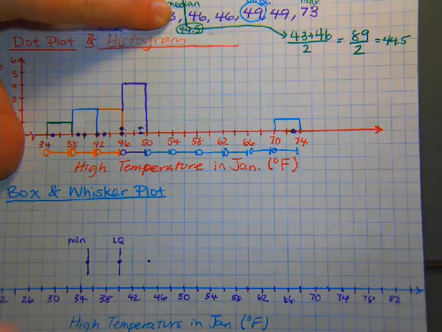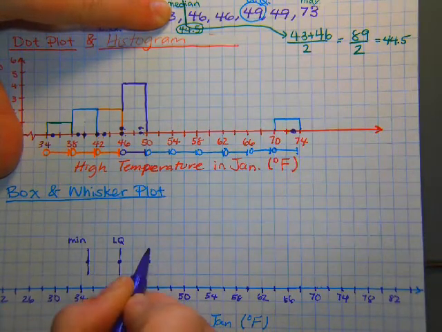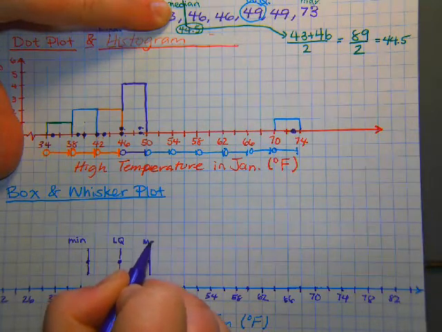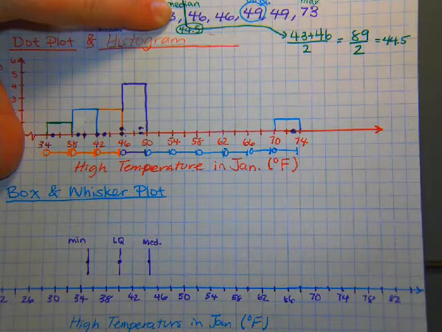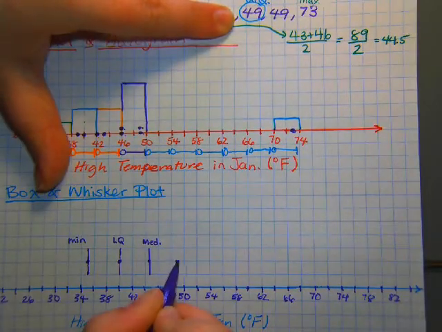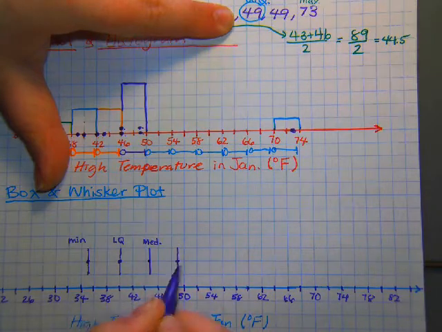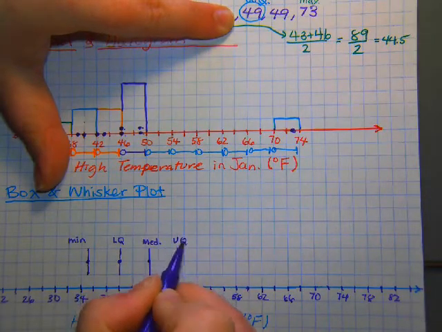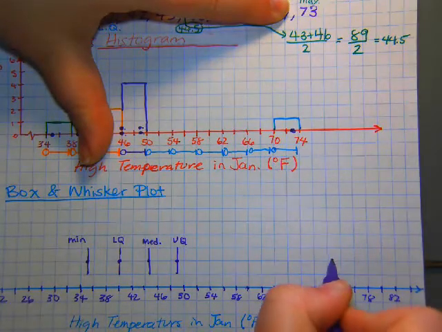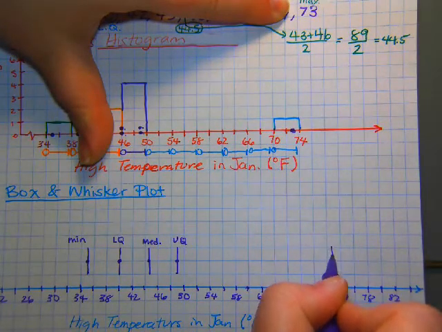It's like a quarter of the way. 44.5, and that's my median. I'm going to abbreviate to MED. Then 49 right here, upper quartile. And then again, our really crazy high one of 73 up here.